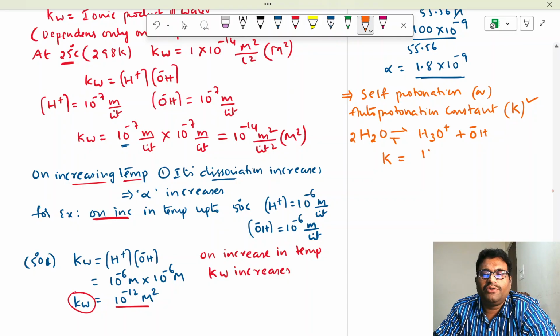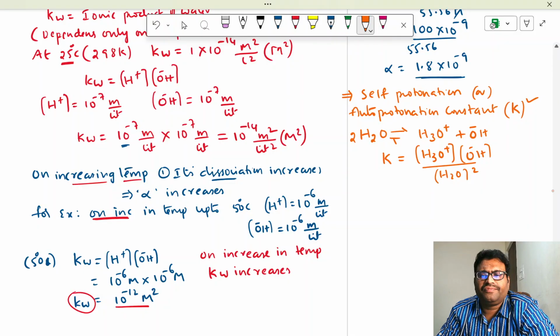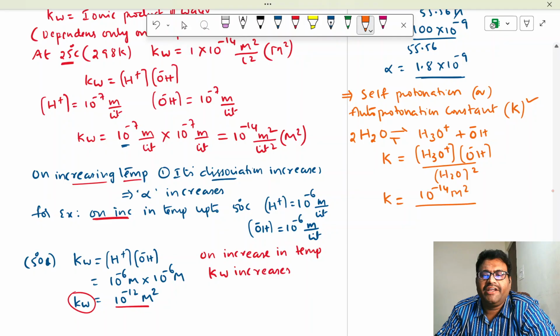K is equal to the equilibrium constant for this reaction, H3O plus into OH minus, divided by H2O power 2. We know that H plus ion concentration into OH minus ion concentration is 10 power minus 14 mole square per liter square, divided by H2O 55.56 molar square.